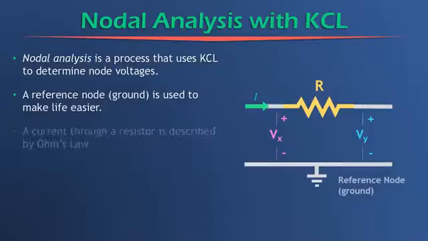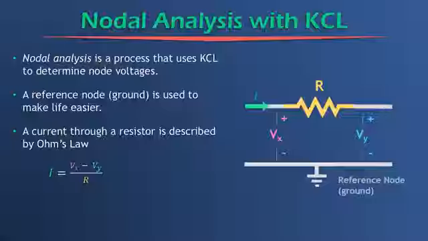Alright, moving on. We know that a current through a resistor is governed by Ohm's law, which says the difference in potential across a resistor over the resistance gives us the current. So in this case, that's going to be Vx minus Vy over R. And why is it Vx minus Vy?